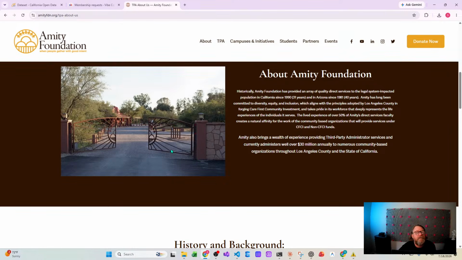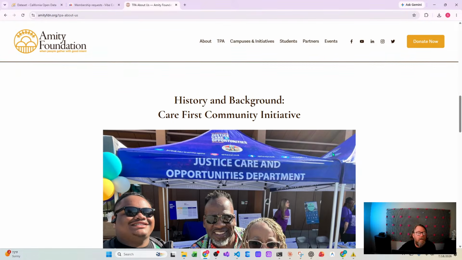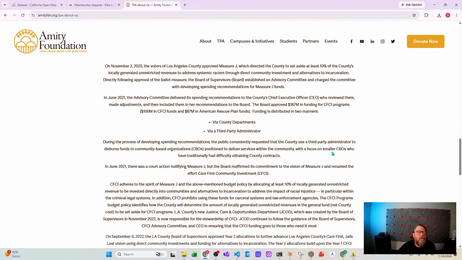Wow, look at that property that they've got. November of 2020, the voters of Los Angeles County approved Measure J, which set aside 10% of the county's revenue to address systemic racism through direct community investment and alternatives to incarceration.